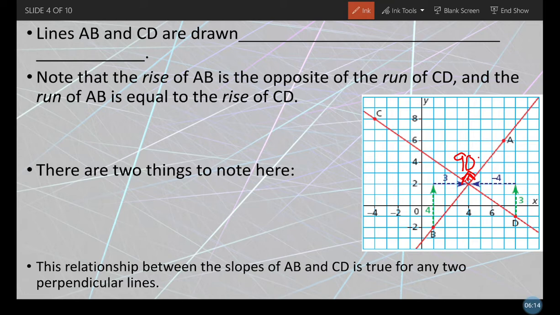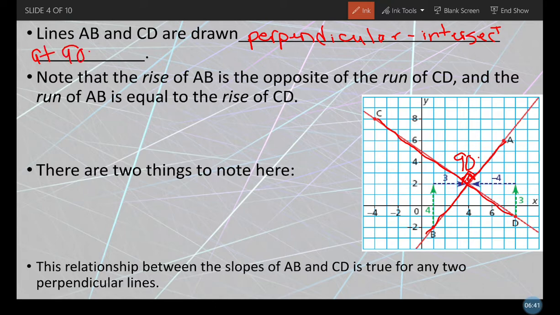So these two lines, in this example, lines AB and CD, they intersect at 90 degrees, and mathematically, they are what we would call perpendicular. So line AB and CD are perpendicular, which means they intersect at 90 degrees.